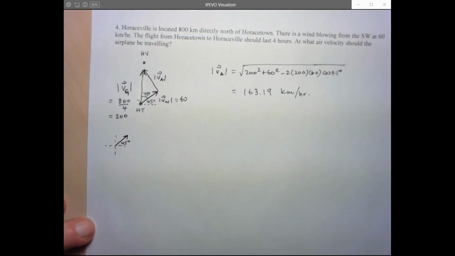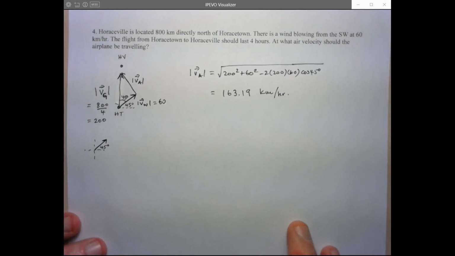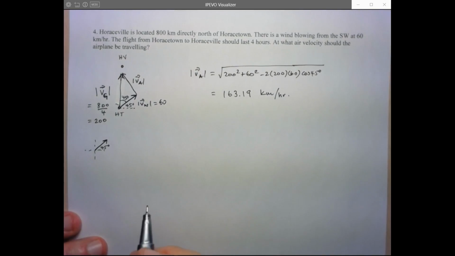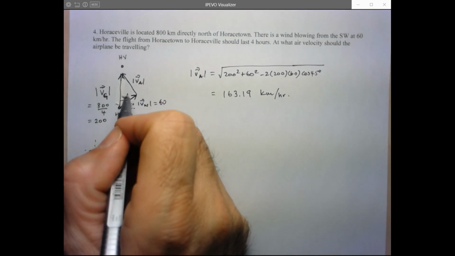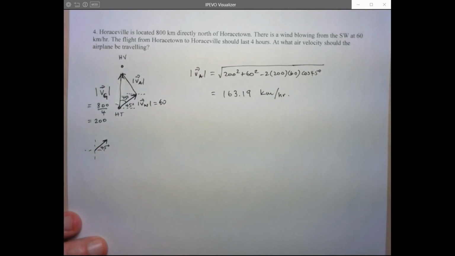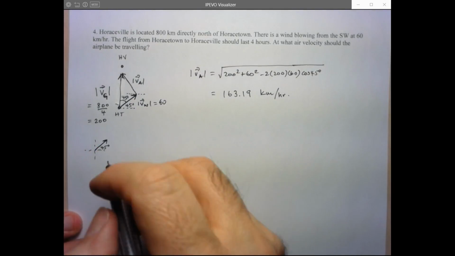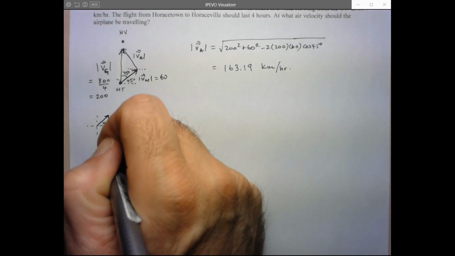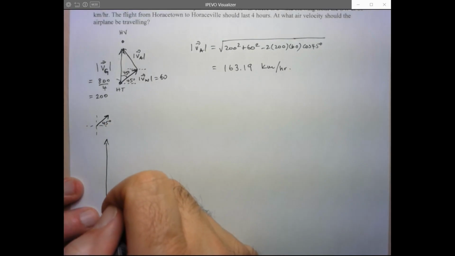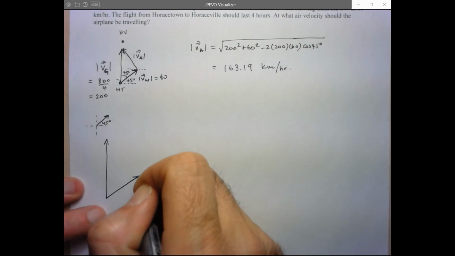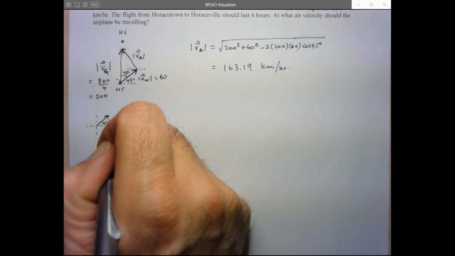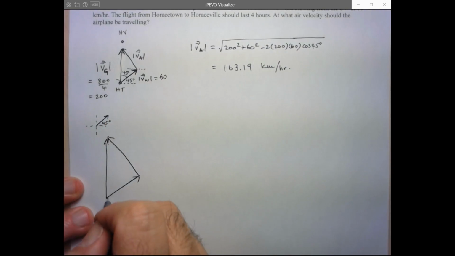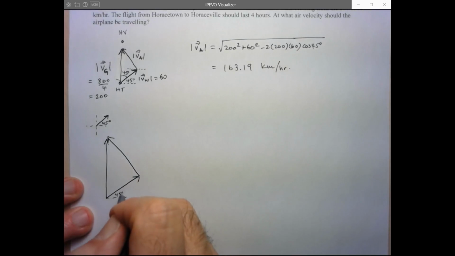So that's the magnitude of the velocity, and now we need to find the direction. Maybe I'll draw my diagram a little bigger because it's a little tough to see. Here's my resultant, here's my wind, and here's my air velocity. We know that this is 45.